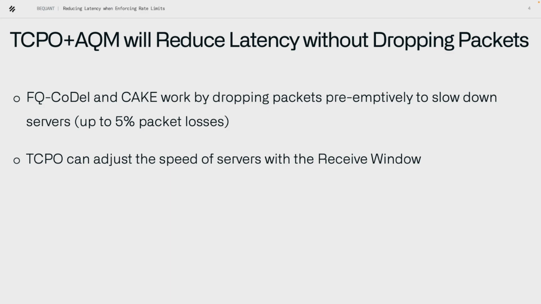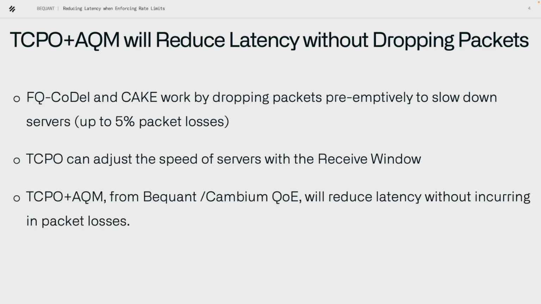In the acknowledgement packets, we tell the server basically up to which point the server can send, and thereby control exactly the speed of sending. So you get, with this TCPO plus AQM, a reduction in latency without incurring packet losses.